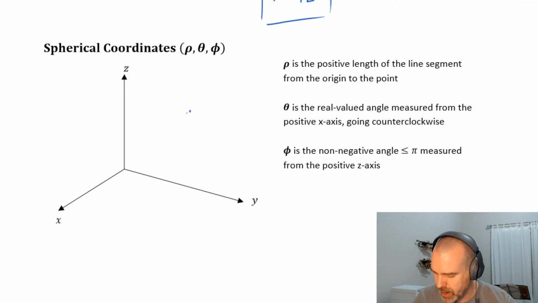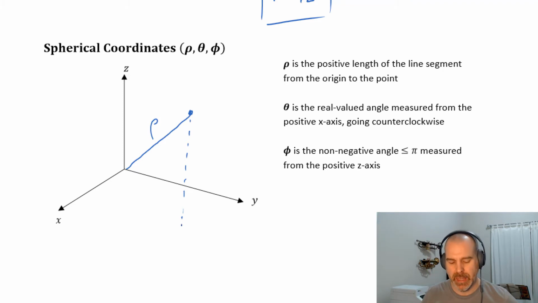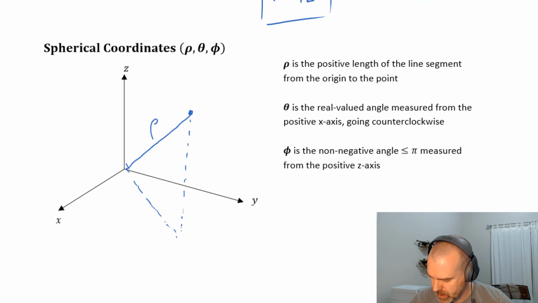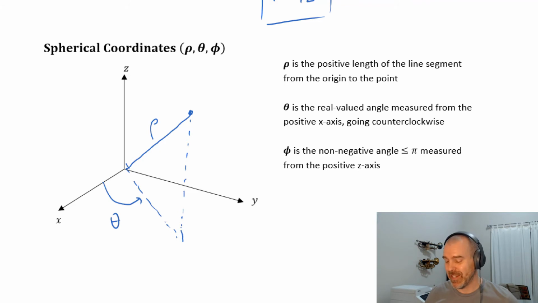We have some point out here in space, and it's defined by 3 quantities: the distance from the origin, and then if we project it down to the xy plane, there is an angle theta from the positive x-axis, and then there is an angle phi from the positive z-axis. That's phi.